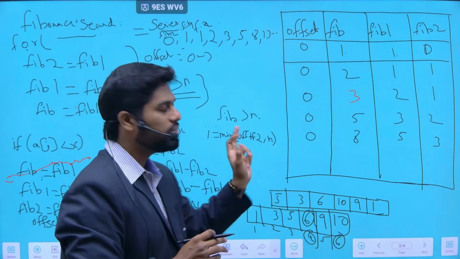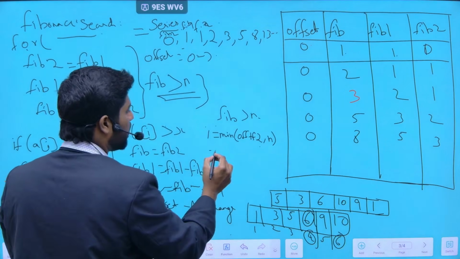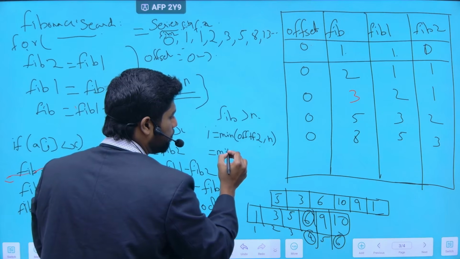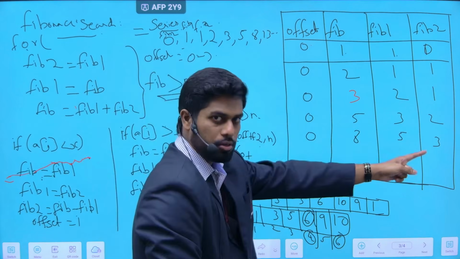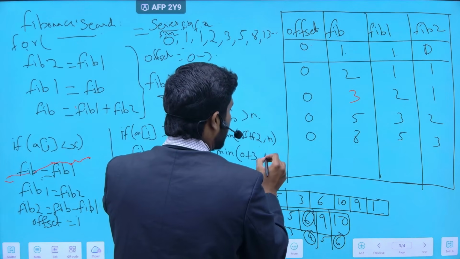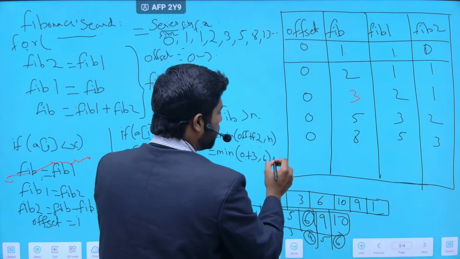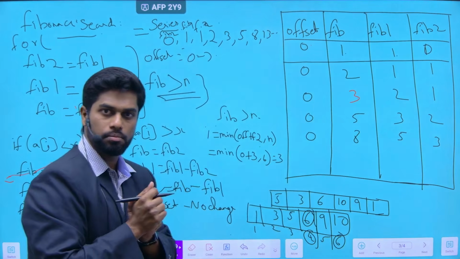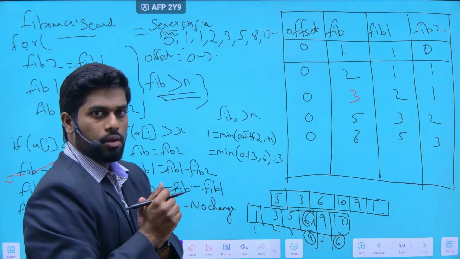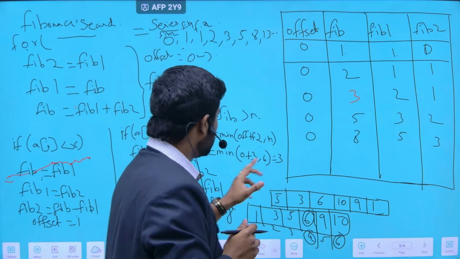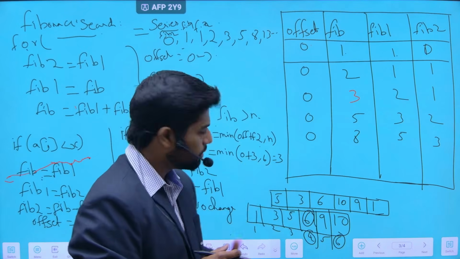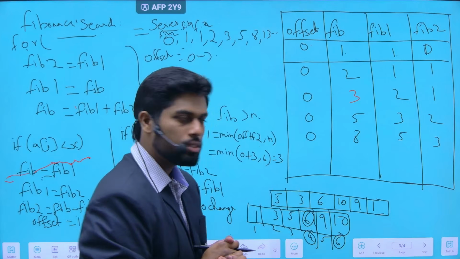Among these, which is minimum is your value of i. So minimum of offset 0 plus fib 2 is 3, comma total elements 6, the minimum is 3. So minimum of 3 and 6, we are choosing i equal to 3.